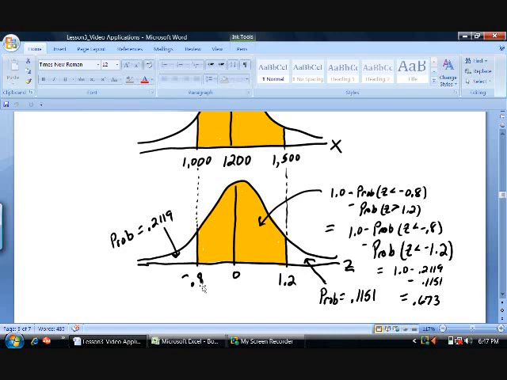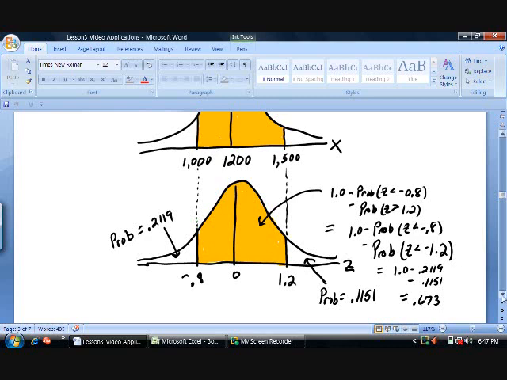That'll work. The way I did it in the notes though is to say, look, we have a probability of 1 under the whole curve. Let's take out the probability of getting a z less than minus 0.8, take out that white area, and then let's take out the other white area, the probability of getting a z greater than 1.2.